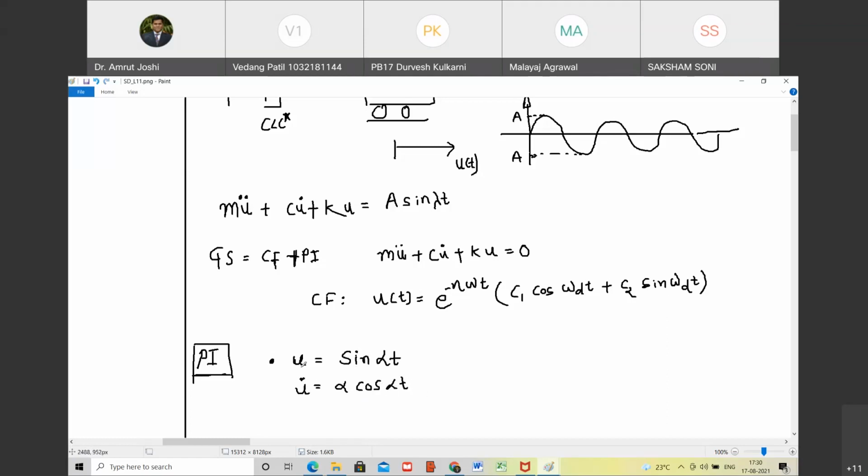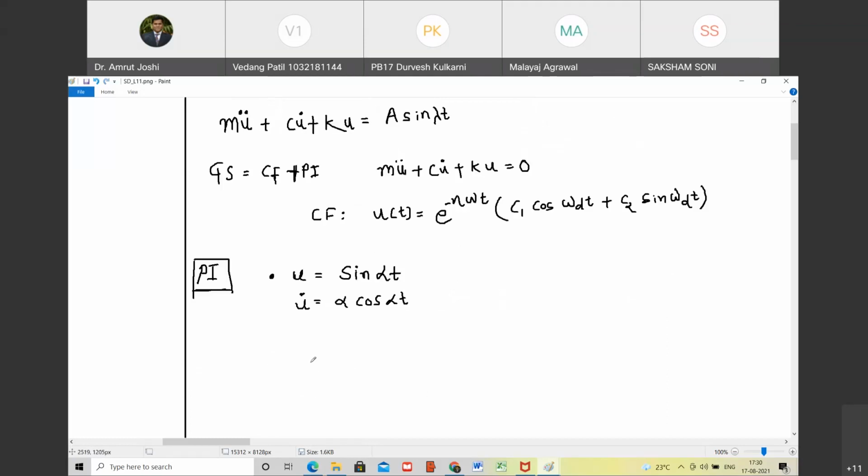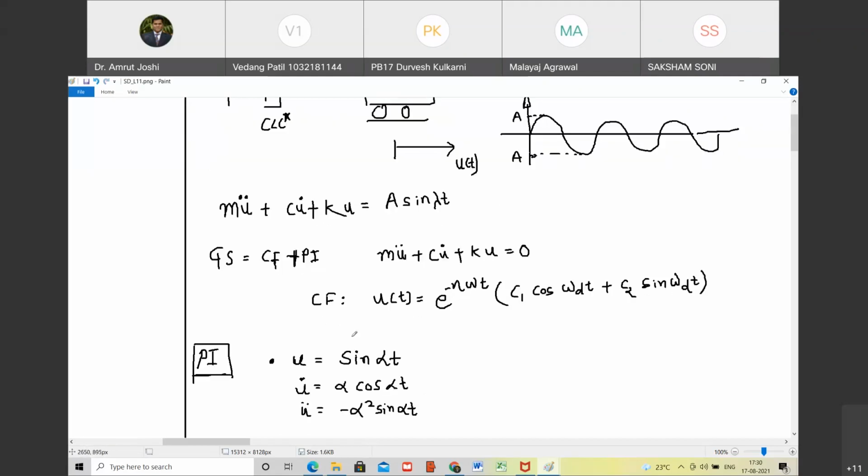And what is u double dot? Minus alpha square sine alpha t. Now if I plug this in here, there is no way that I can have the cos alpha t term vanishing. Do you agree with me?